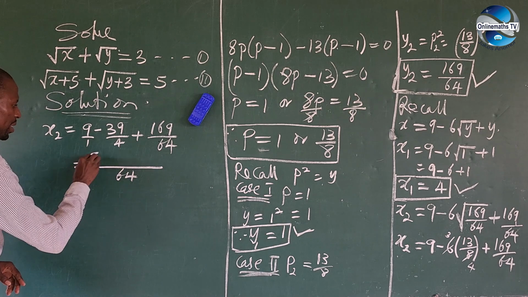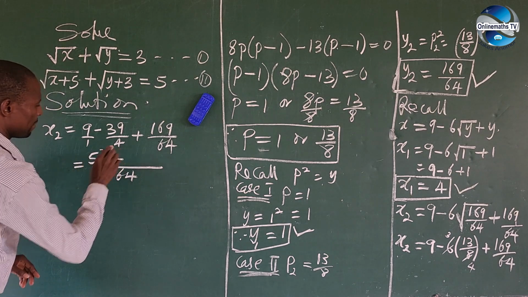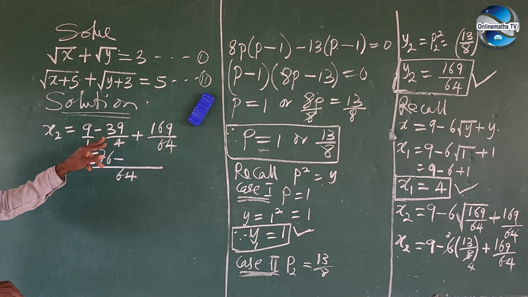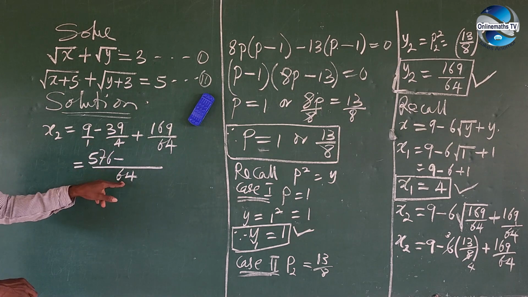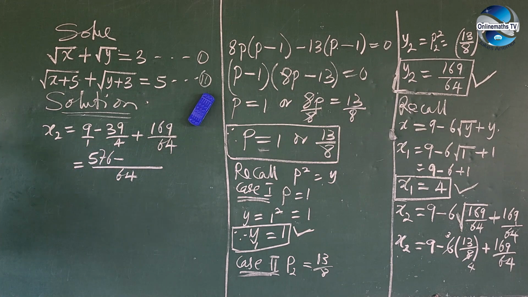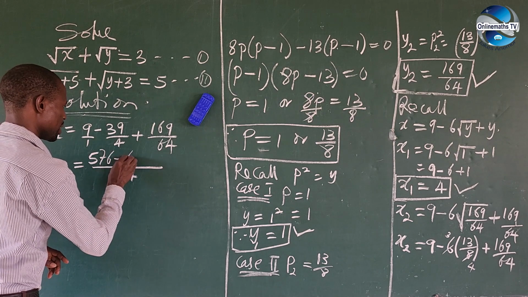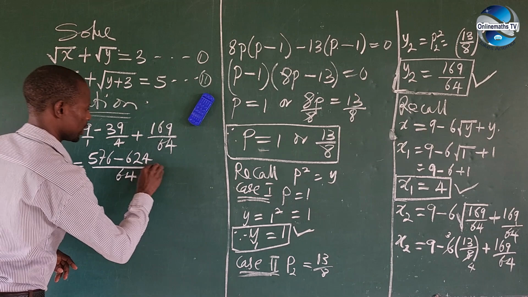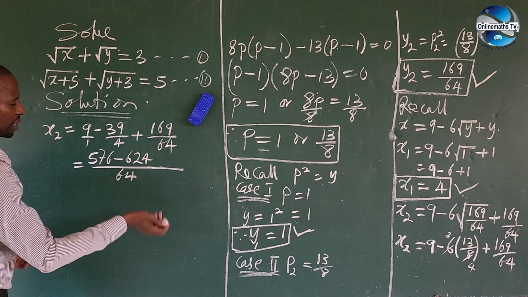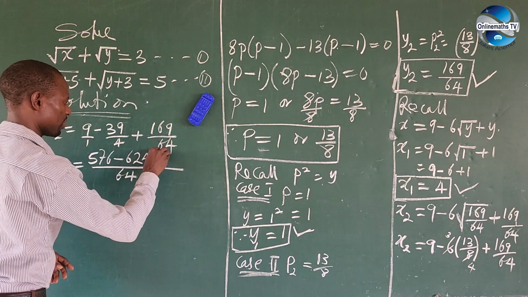So we have 576, then minus here. So we have 4 into 64 will give us 16, right? So 16 times 39 will give us 624. So we have 624. Then this divided by this will give us 1, and the 1 times this will give us plus 169.